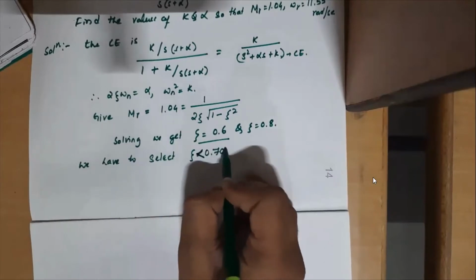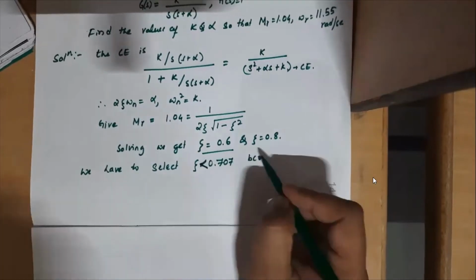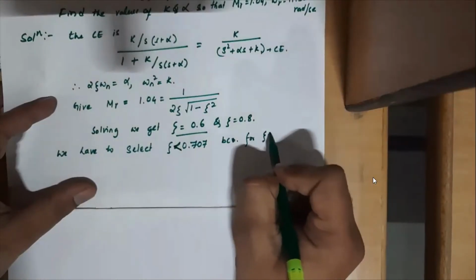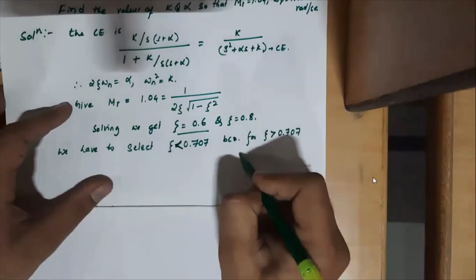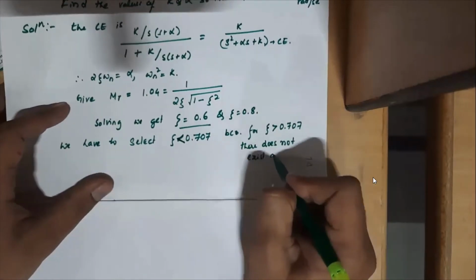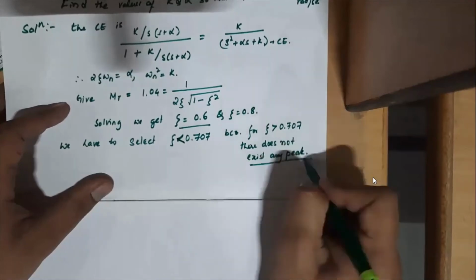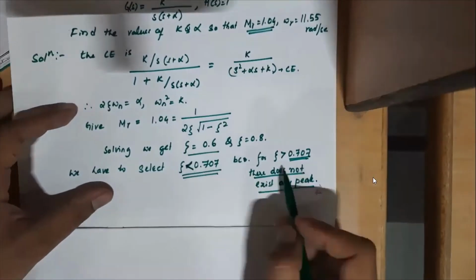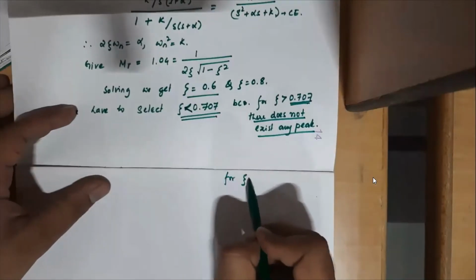So here we have to select that zeta which is lesser than 0.707, because we will study it later, for zeta greater than 0.707 there does not exist any Mr. There does not exist any peak. I'll show you in one of the MATLAB simulations later.